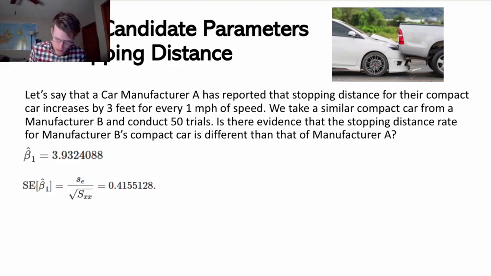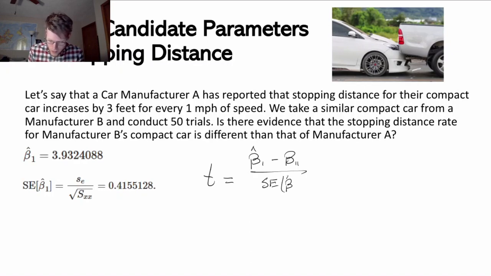In this case, I'm going to calculate a t-value based on the difference between my beta hat 1 minus this candidate beta 1, and then I'm going to divide that by the standard error of beta hat 1.